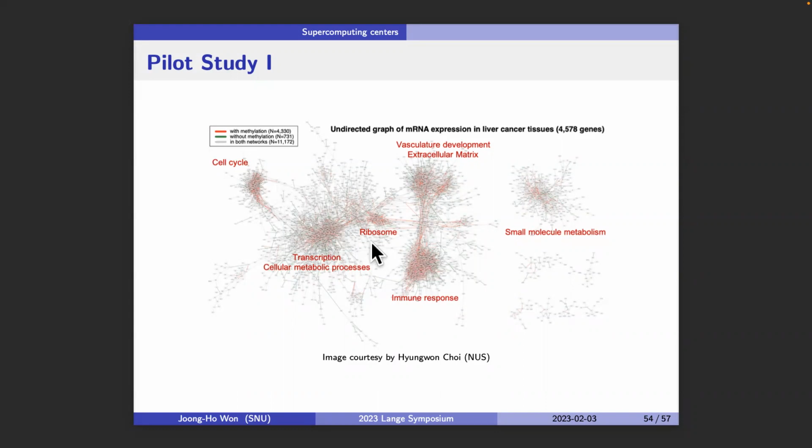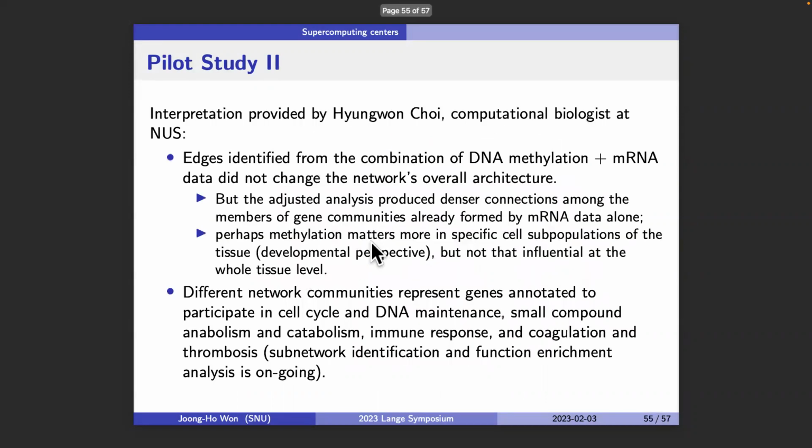And you can virtually not distinguish the red and green. So my colleague gave me an interpretation. He sent me a very long list of interpretations, but I only put in something that I can understand. The edges identified from this combination of DNA methylation and RNA data did not change the network's overall architecture.